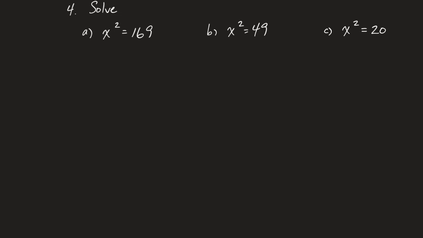Question 4 has now changed our instruction and we've been asked to solve. So solve means I need to find the missing value, and I can locate the missing value in question A. It's x. So question A says something squared gives me 169. What is that something? Okay, you can give me a 1-line answer if you wish.